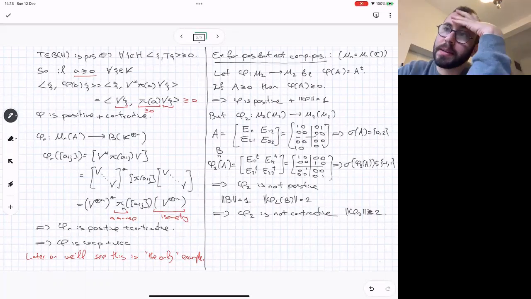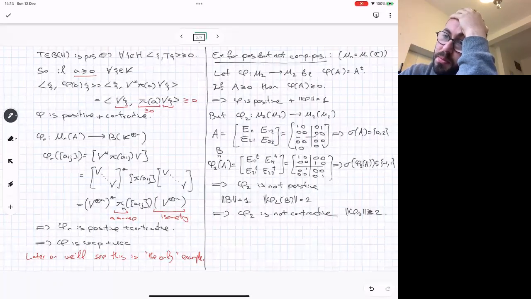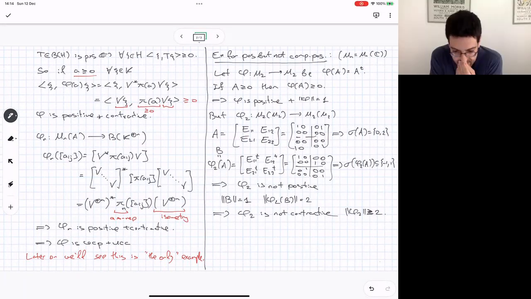Guy? Yes? At some point in one class, you gave us the example of the function x squared as a function which is monotone, but not completely monotone or something like that. I wonder if you can use this also to get a positive but not completely positive map, like the function from C to C, which is x goes to x squared. Or it is not linear. It is not linear.